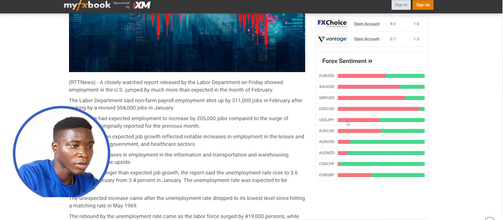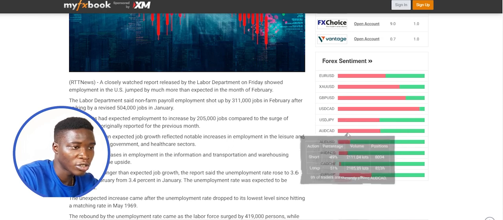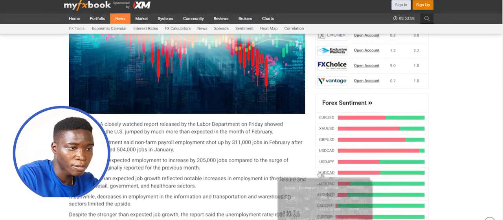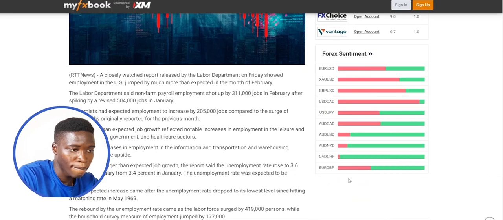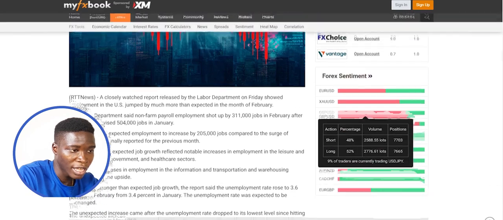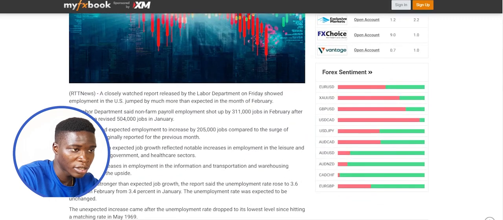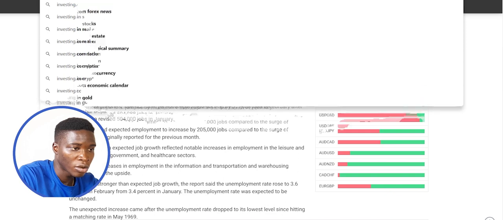The percentage on the currencies, on gold, on GBP USD, on USD CAD, on USD JPY, on AUD CAD, and then can you see? So that's how the news has affected those currencies.